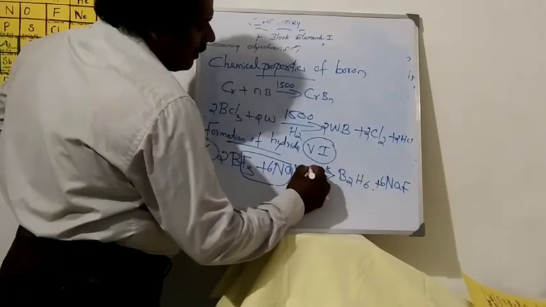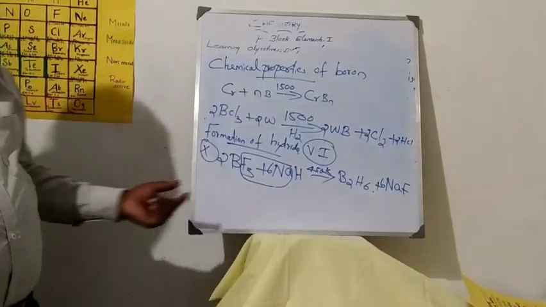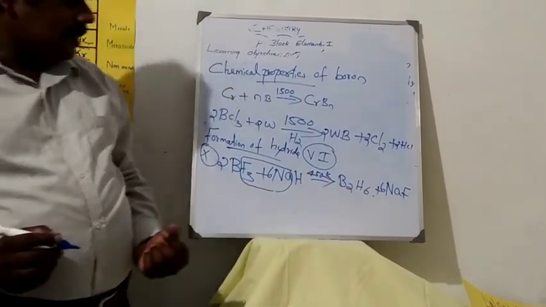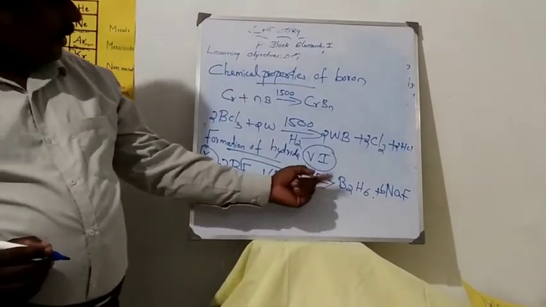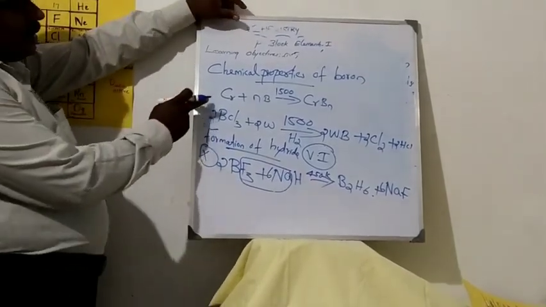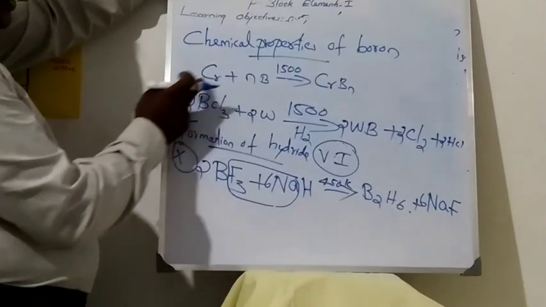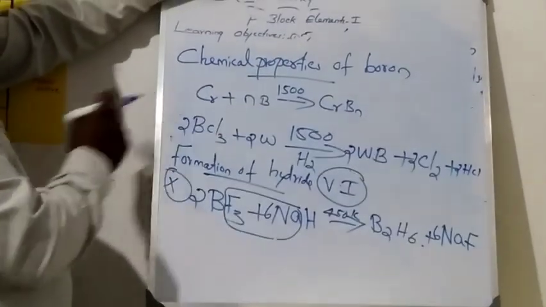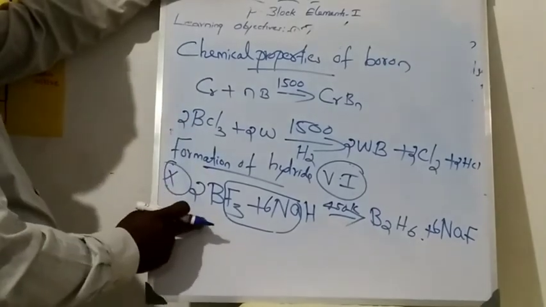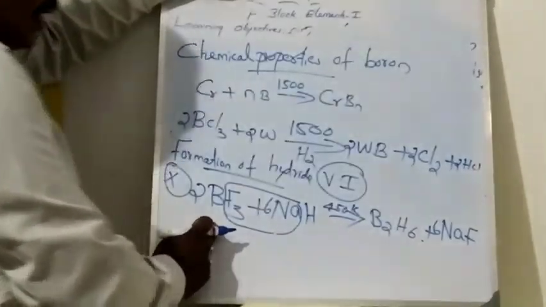If the question is 3 marks, 1 mark is for the temperature. Okay, 450 Kelvin. The chemical properties of boron: first equation with chromium metal, second with boron trichloride, third with boron trifluoride.